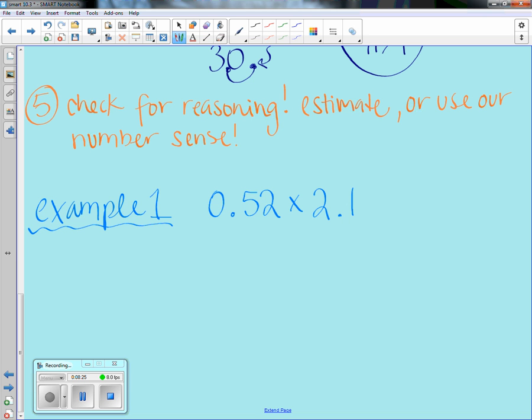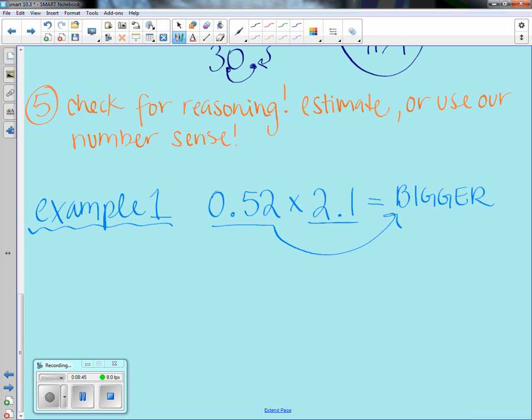Okay, so let's think about it. We're multiplying by a number that's greater than 1. So should our answer get bigger or smaller? Your answer is that your answer should get bigger because we're multiplying. So it should get bigger. So our answer that we get should be bigger than this.